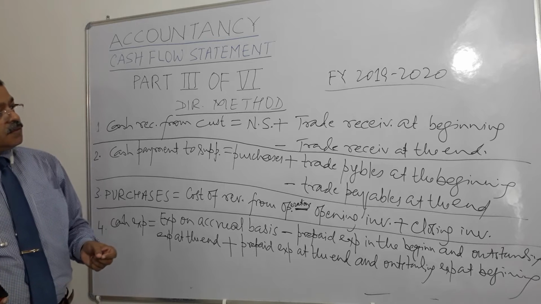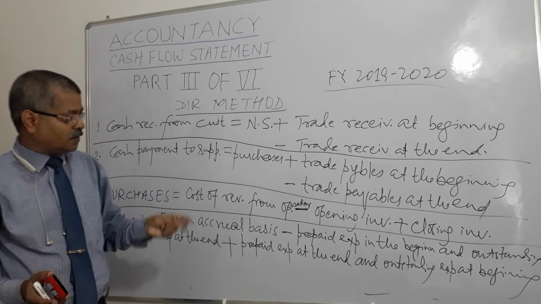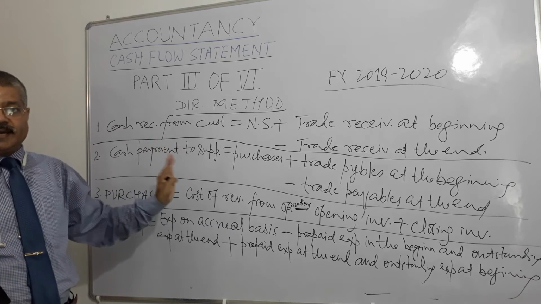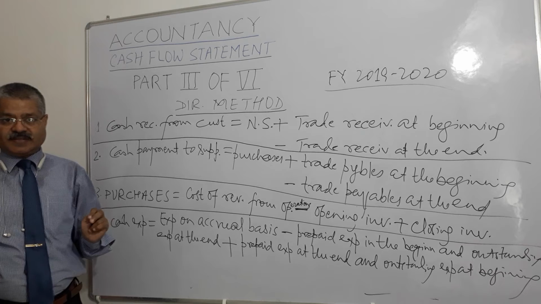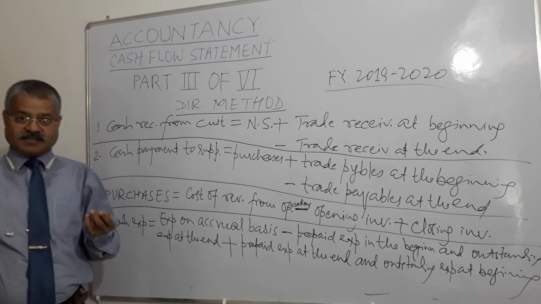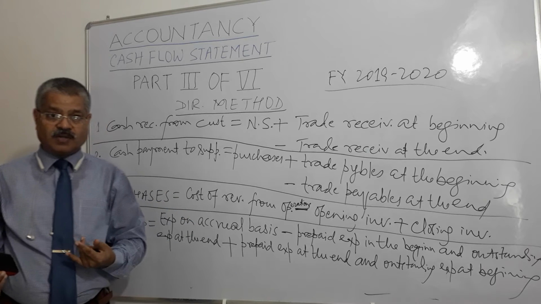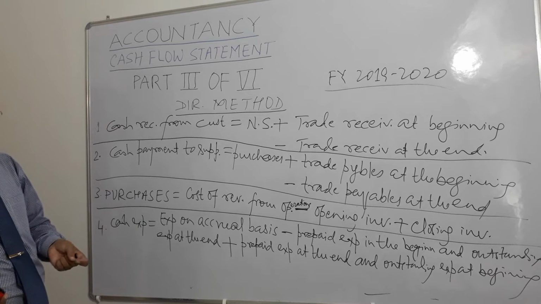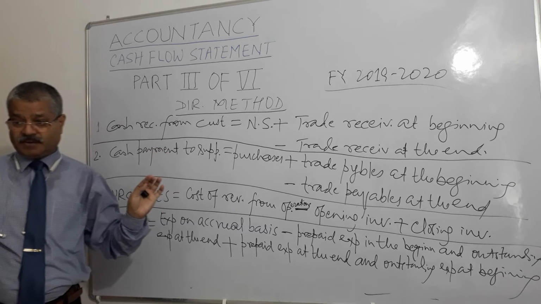And certain items which are non-cash need not be included here, like depreciation, right? Then discount on shares. Suppose we have issued shares and offered some discount. Those are non-cash items. They will not be included here in the cash flow statement.